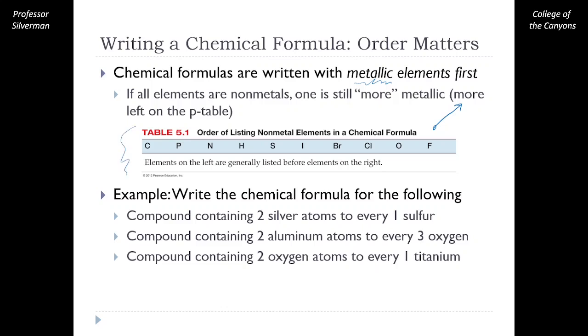There's a helpful table here on this slide that will tell you exactly the order for some of the more ambiguous choices that you might have to make. But this is the general trend. Start at the bottom left and work your way towards the top right.